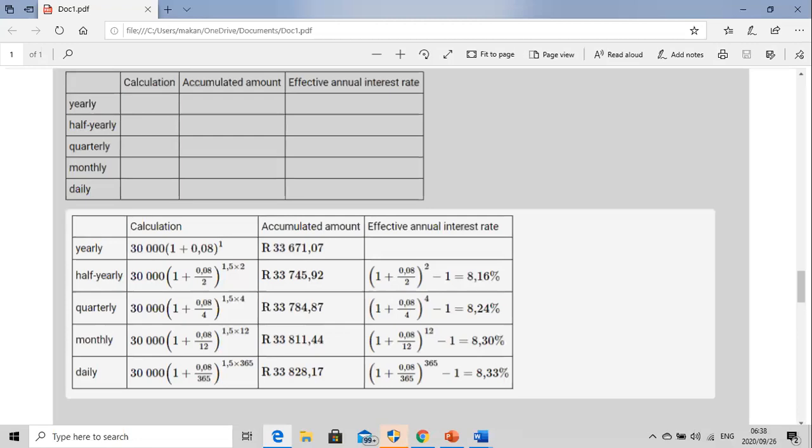So to add interest only once a year, if it's the same interest, the compound interest in this case, it will be better if you compound it daily rather than annually. And by the way, this is just 1.5 years, just 18 months.